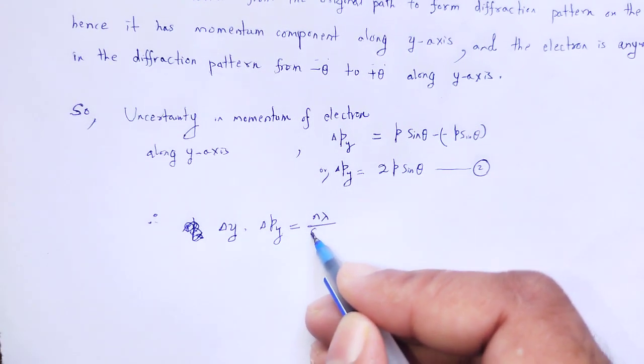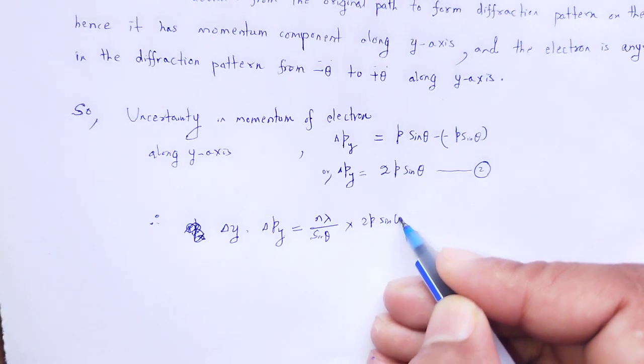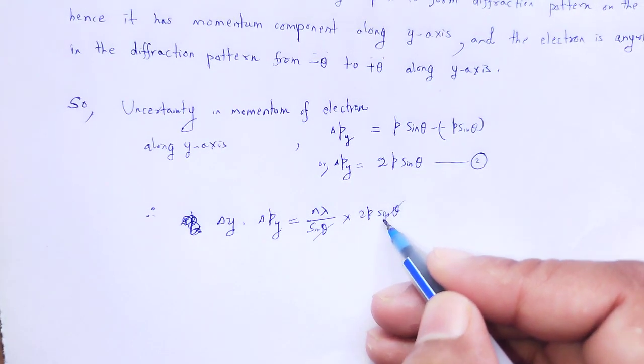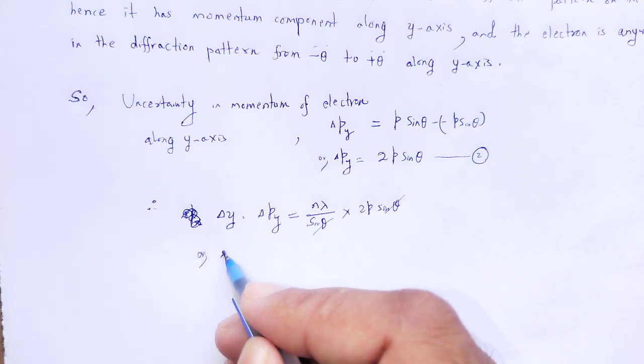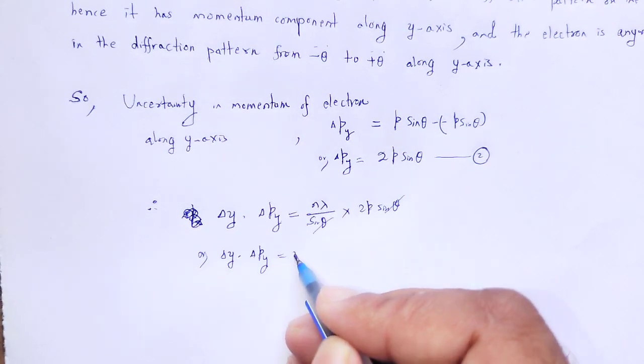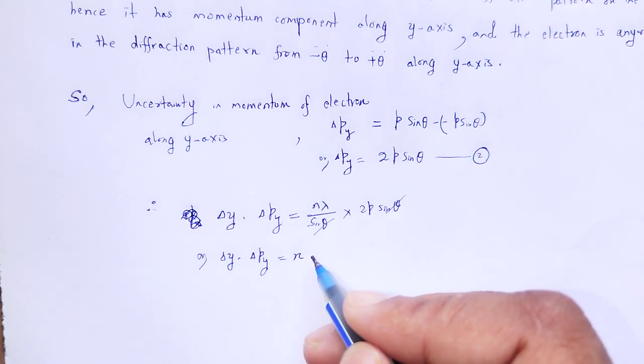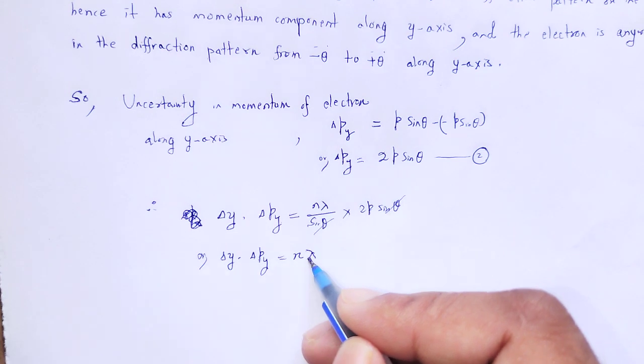Delta y into delta py is equal to n lambda divided by sin theta into 2p sin theta. Sin theta cancels out, so delta y delta py is equal to 2p n lambda.